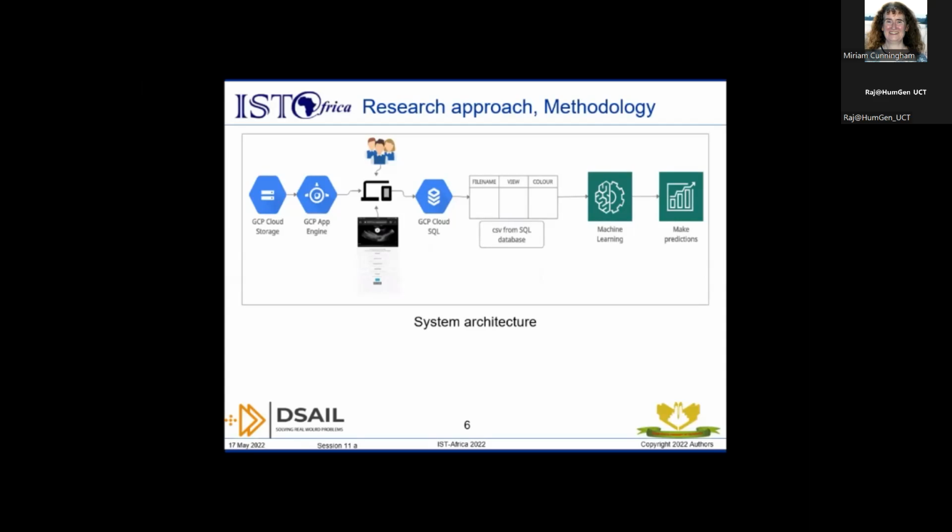And then the metadata from the web app was saved on the GCP Cloud SQL. And then we are able to export a CSV file from this SQL database. And with this data, we are able to train our machine learning model and test this model and make predictions of the views that we have from these echocardiograms.